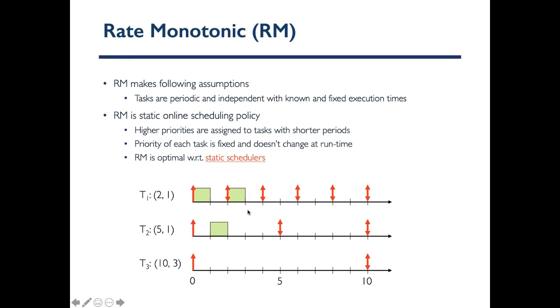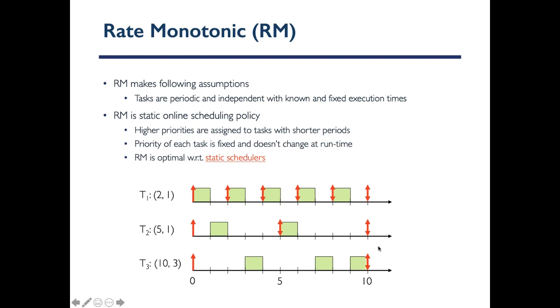Once we are done with this, only T3 has a job, so we run 1 unit of that. Again, at this point T1 has a job, so because it has the highest priority, we run that one. Now T2 and T3 have jobs. We run T2 because it has higher priority. Again T1, then T3, again T1, and T3.